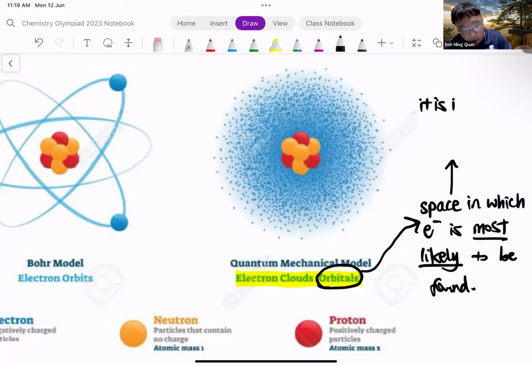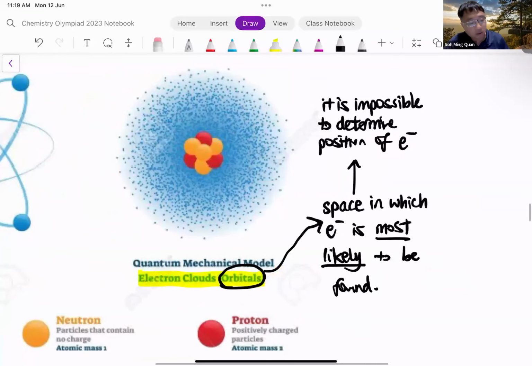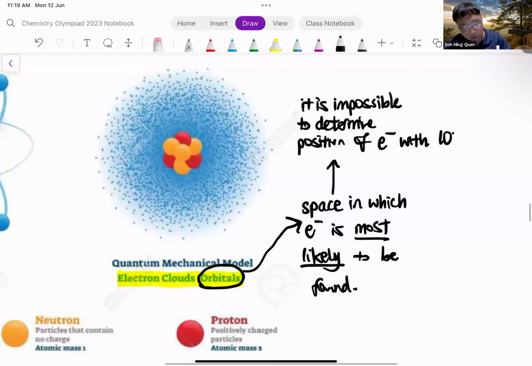Next, this leads us to the conclusion. It is impossible to determine the position of an electron with 100% accuracy. Based on what we just said, it is about probability.